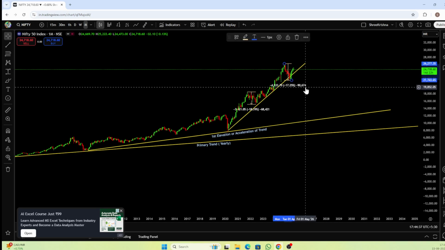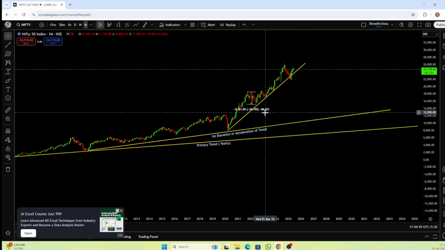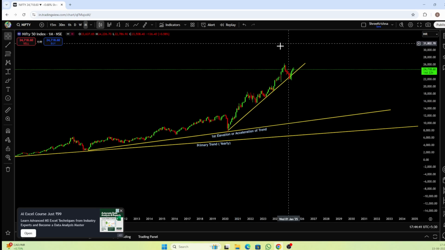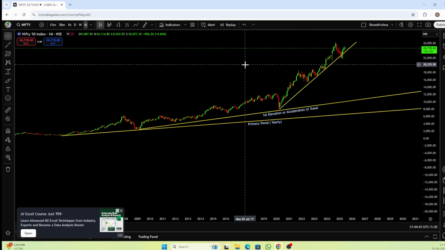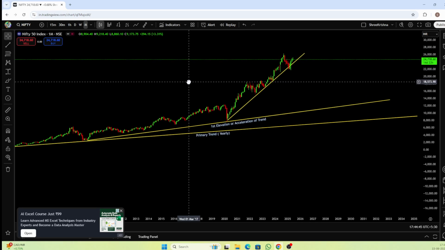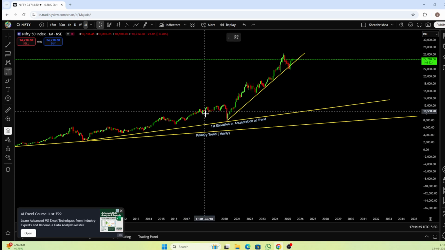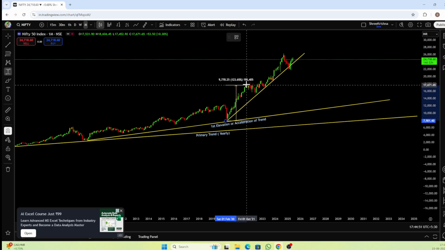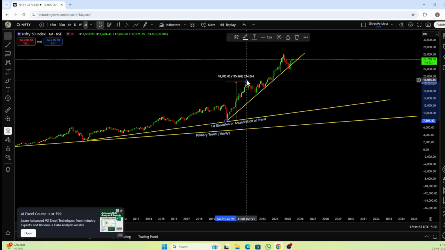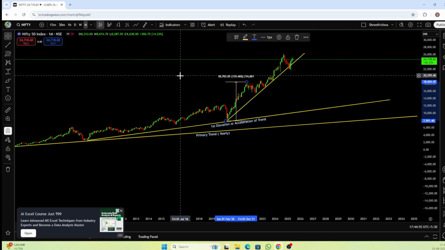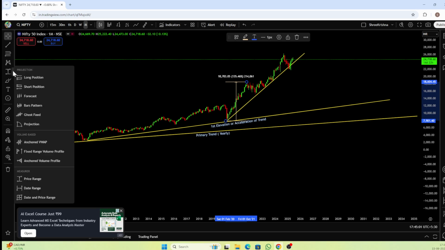Alright, so we have understood price variations, how much price it has taken. Now let's understand one simple thing, that from here to here it made 10,703 by price.